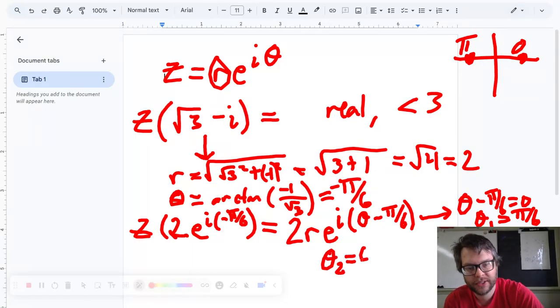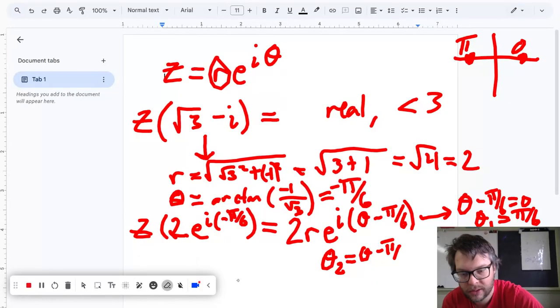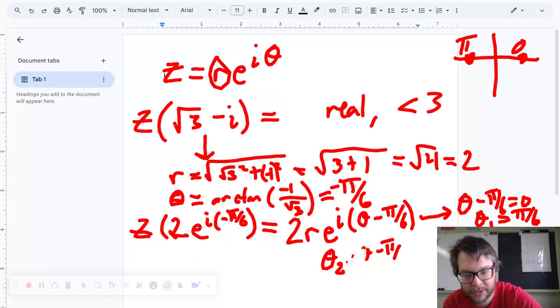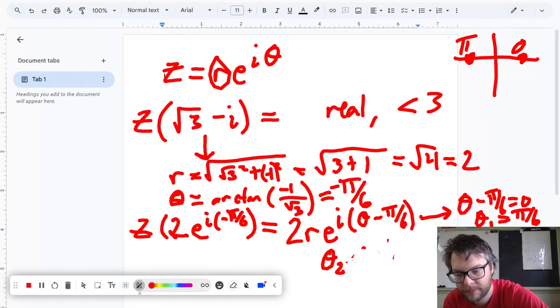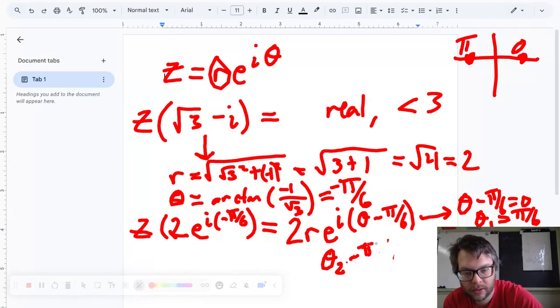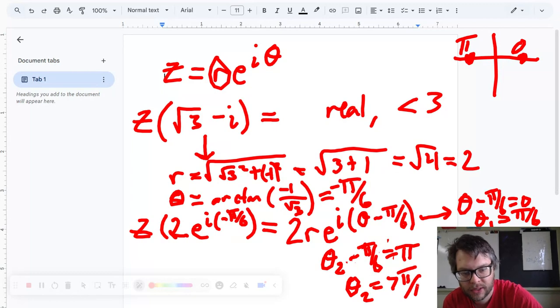The other option is that theta, I wrote that wrong. Theta 2 minus pi over 6 is equal to pi. That's what I meant to write. And then in that case, theta 2 would be, I guess, 7 pi over 6. And now let's think about both those possibilities.